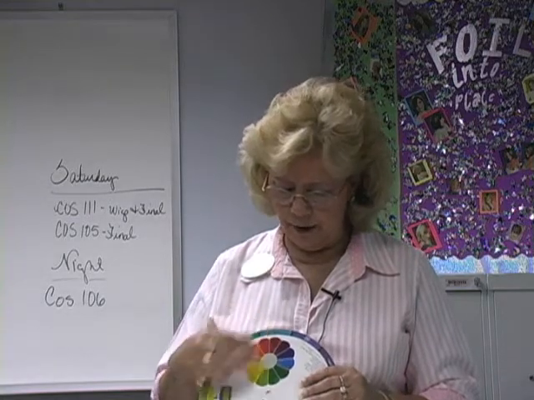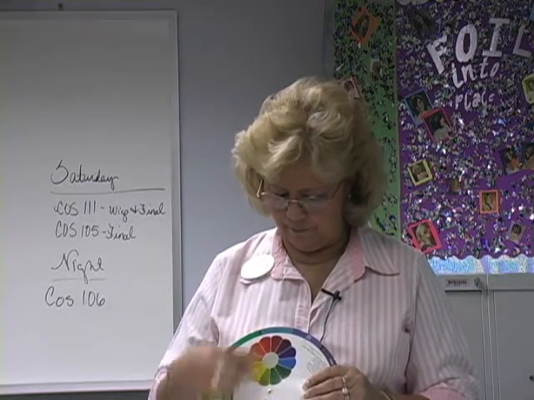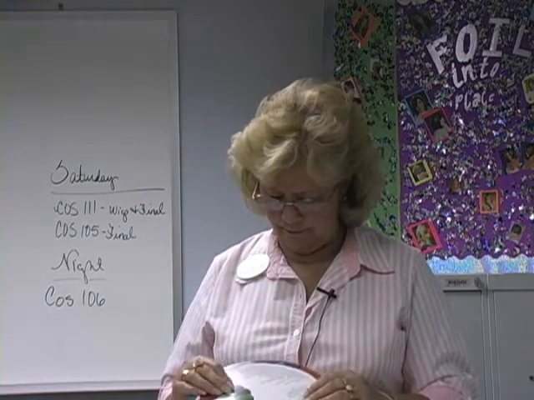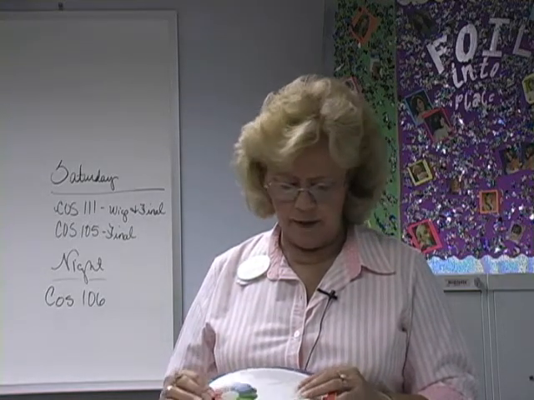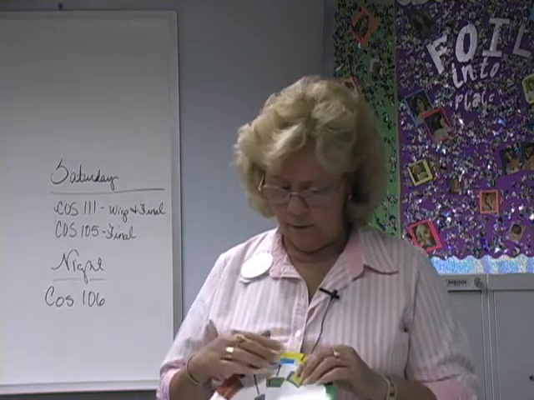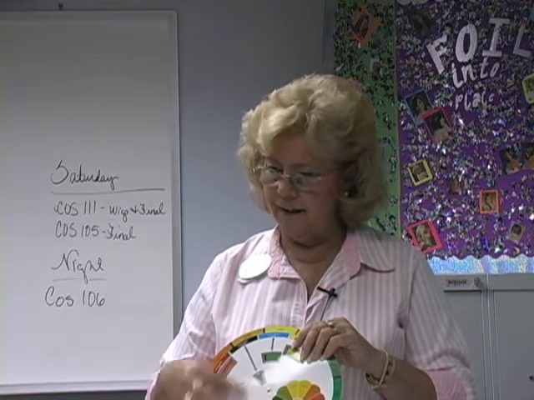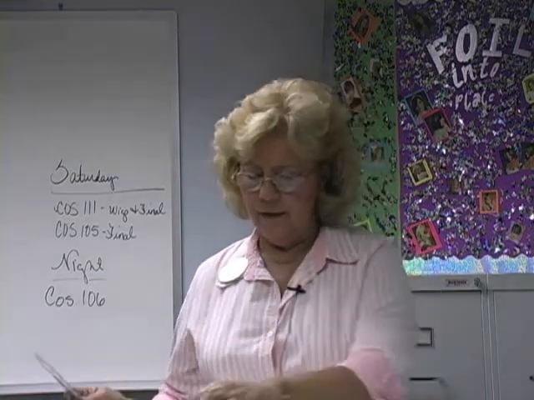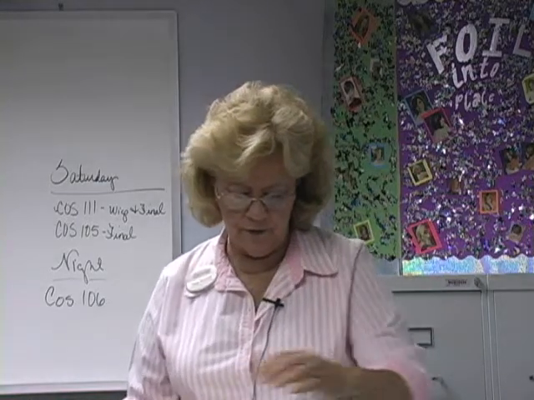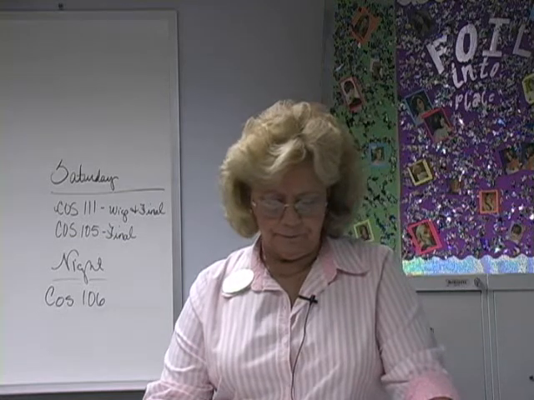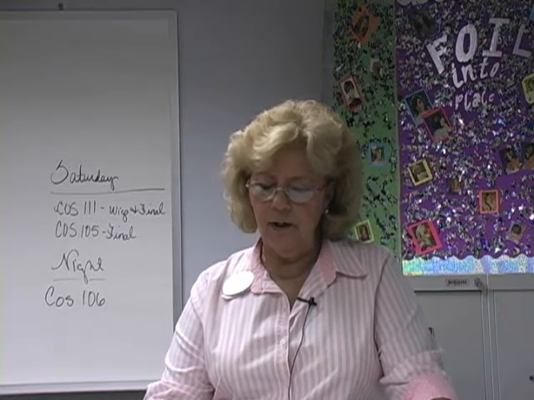Blue, the complementary color to it, is orange. And they're exactly opposite. Then we have, all right, where's it at? Yellow, right directly across from it is violet. So if you notice, we've got a primary and a secondary again. So the understanding of that helps us to find something that is complementary to the color.